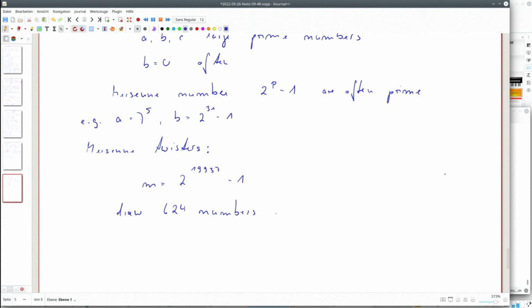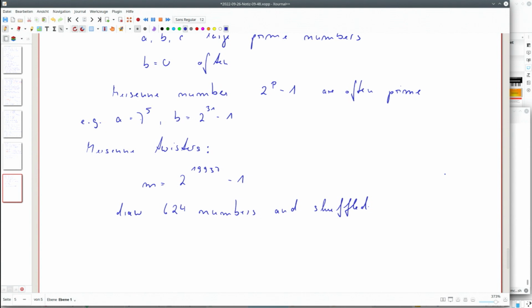And they are shuffled. And there are more algorithms.